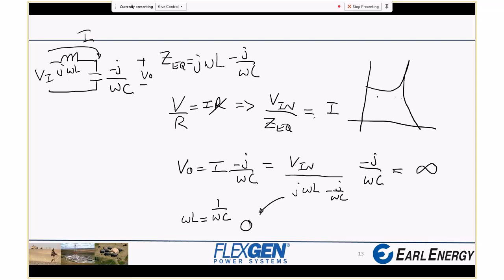I can tell you that the corner frequency for this circuit is 1 over the square root of LC, but we can also derive it from the equations. If you rearrange this enough, it will fall out: omega L equals 1 over omega C.